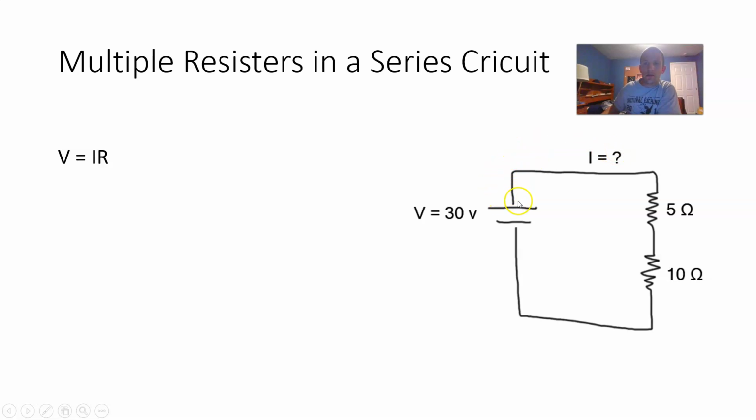That means the current will leave the battery, and it has to go through both resistors. Because of that, we can add up these resistors and say that we know this one's 5 and this one's 10. We can add them up and sort of pretend, hey, that's a 15 ohm resistor because there is only one path.